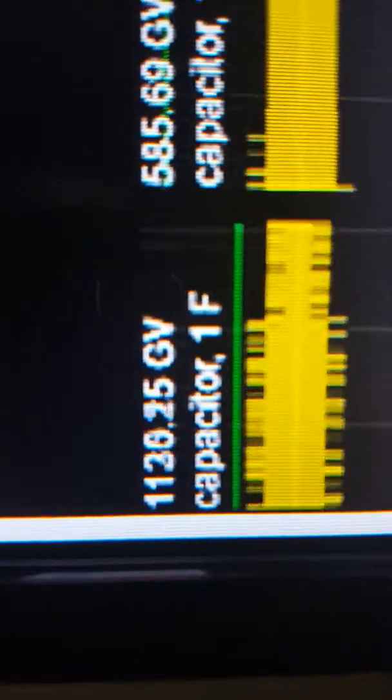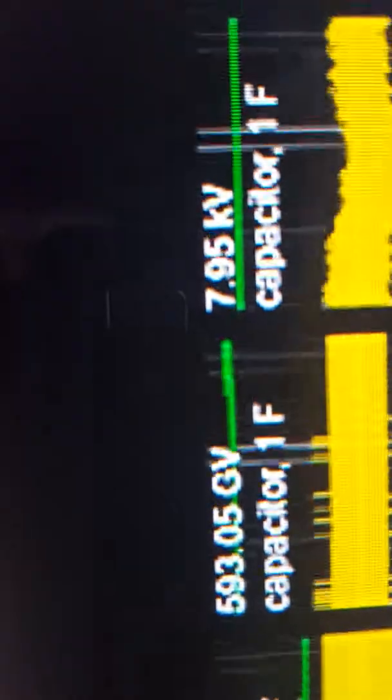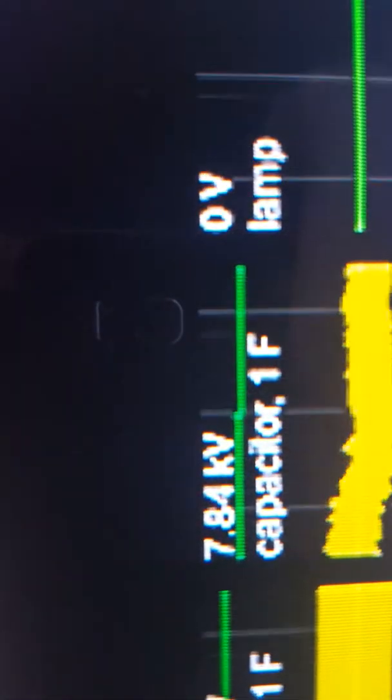And the way we stabilized the voltage creation was through ground. Right? We just turned on 2 switches. That is 1,120 plus gigavolts. That is 500 plus gigavolts. That is 7.8 kilovolts. That is 0 volts on a lamp, 0 volts on the ground.